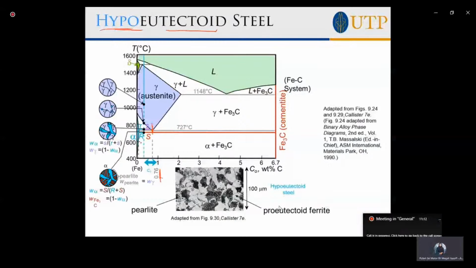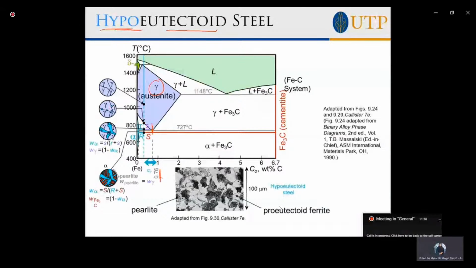So let's look at what happens to the microstructure development. Let's say you start from austenite gamma here. This is the microstructure with grain boundaries because gamma is a solid. Then when you reach this boundary, you remember that this region is between alpha and gamma, so you're going to grow alpha once you reach this point.